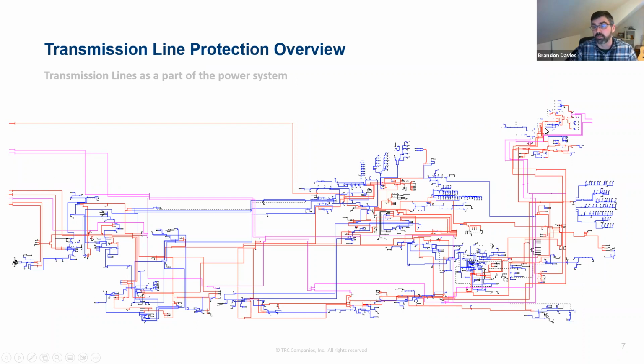All the red lines represent 115 kV transmission infrastructure. So, it's a lot less linear than the simplified depiction of it, and it's really a large grid of connected transmission lines that make up the bulk power system, the bulk electric system.